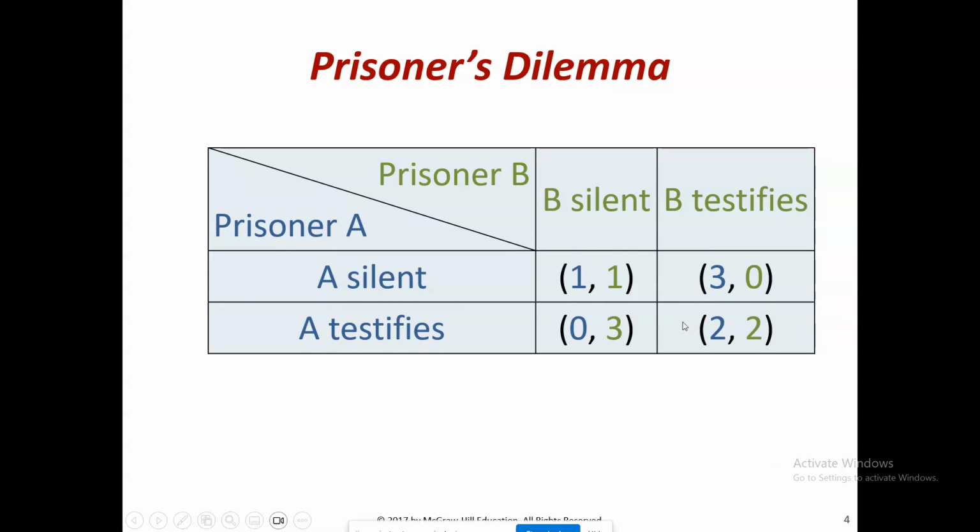Conventionally, the first number refers to the left-hand side player. Here it is prisoner A's outcome or payoff. So this represents 1 year of jail sentence for A. This represents 0 for A, 3 years for A, 2 years for A.